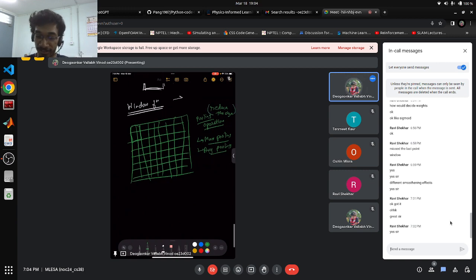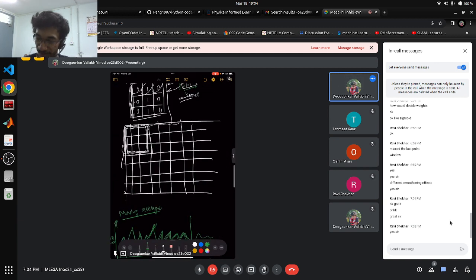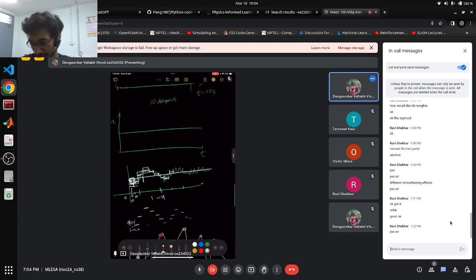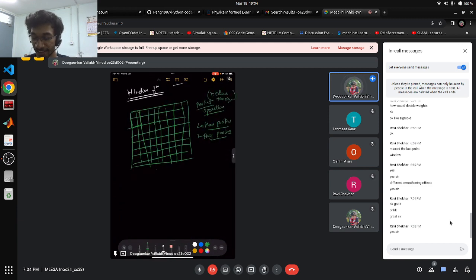So let's say my input image, which was this white thing, was 100 cross 100. Once it has gone through this kernel procedure, for the sake of it, assume that it still is 100 cross 100, okay? And I used a 2 cross 2 pooling. What this 2 cross 2 pooling is going to do is, it will take this 2 cross 2 element.